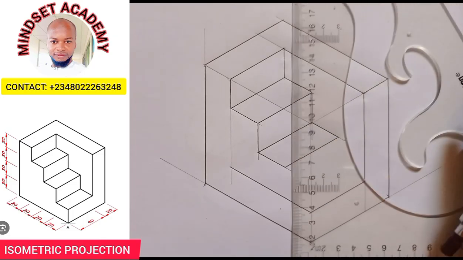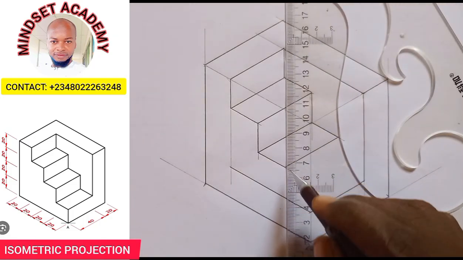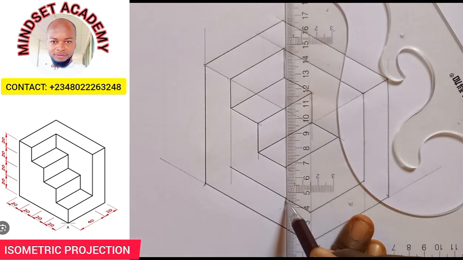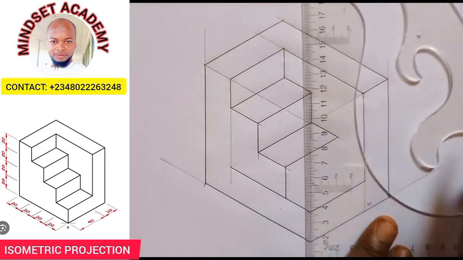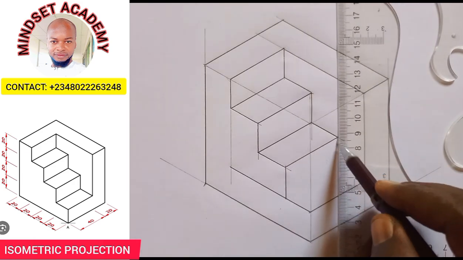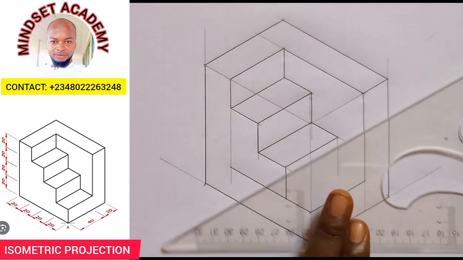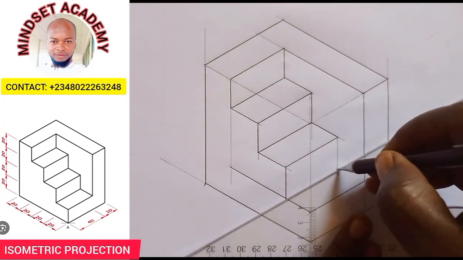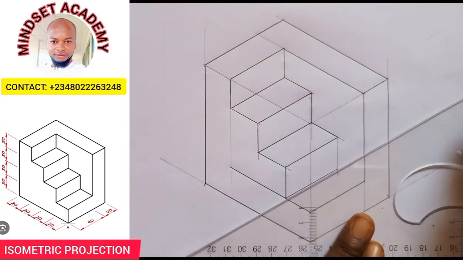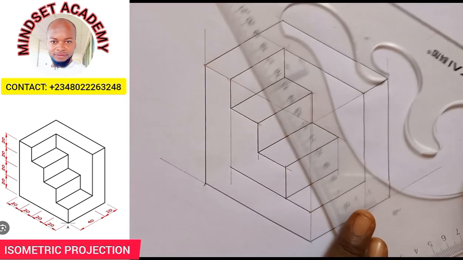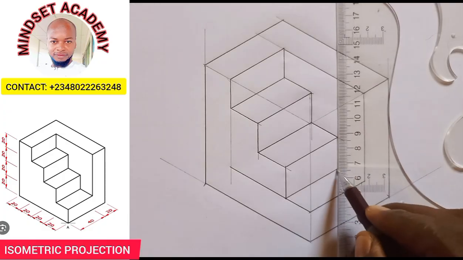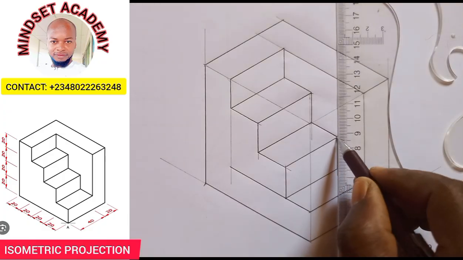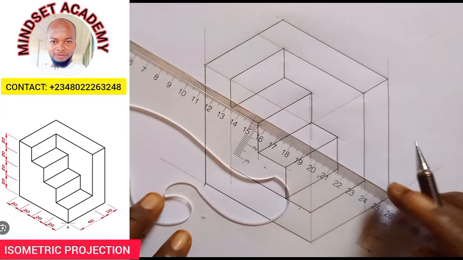Then I'll bring it down to touch here. This is 20. Then here will come down a little bit, faint line, and I will close it up by 20, and I'll thicken it too. Can you see that?